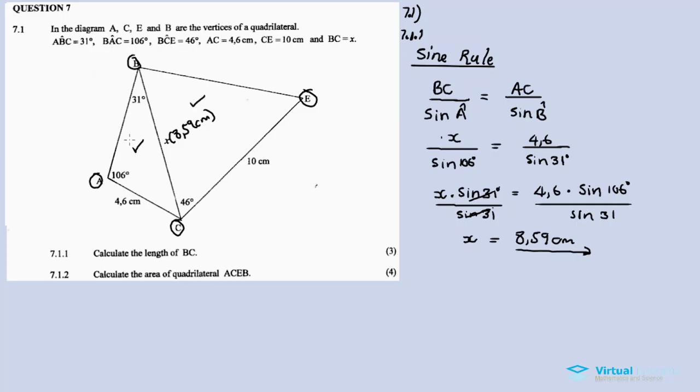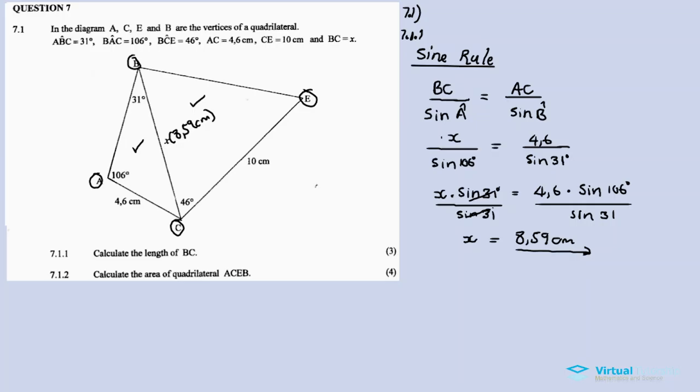So in other words, we will calculate the area of the quadrilateral by calculating the area of triangle CBE, this triangle, and adding the area of this triangle ABC.